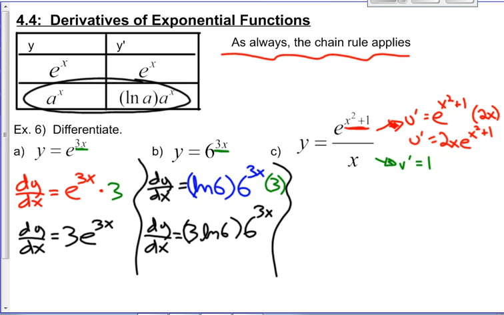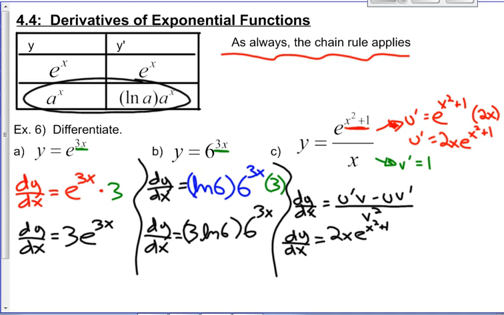So now when we go ahead and differentiate, remember the quotient rule: u prime v minus u v prime all over v squared. So u prime would be 2x e to the x squared plus 1 times v, which is just x, minus u, which is e to the x squared plus 1, times v prime, which is just 1, all over v squared.